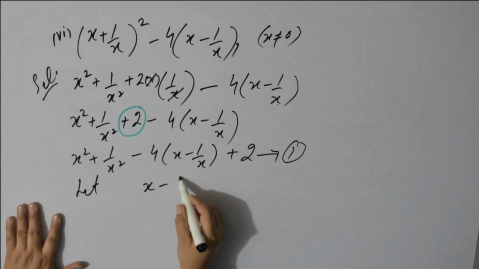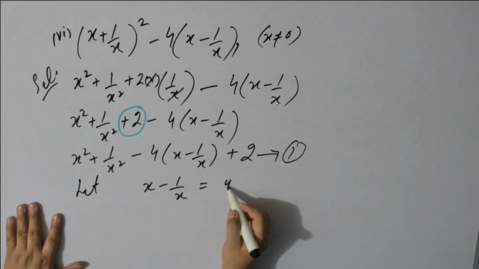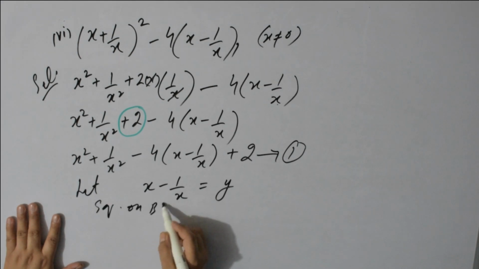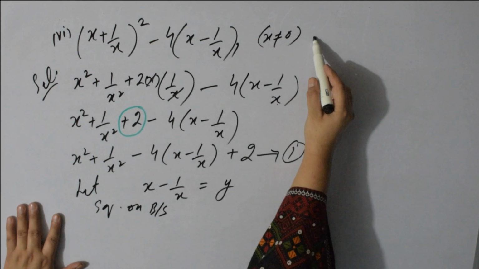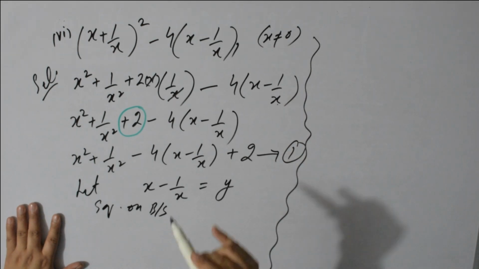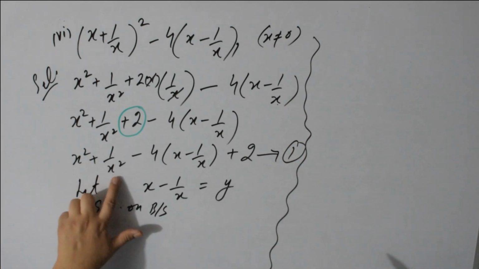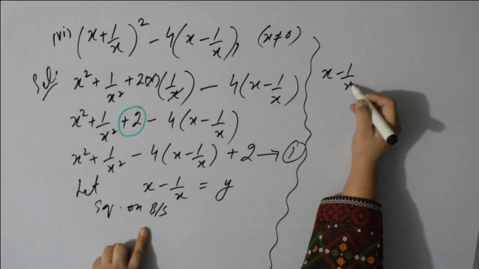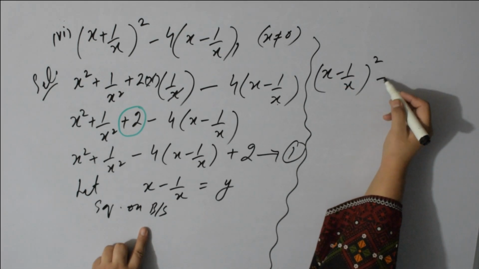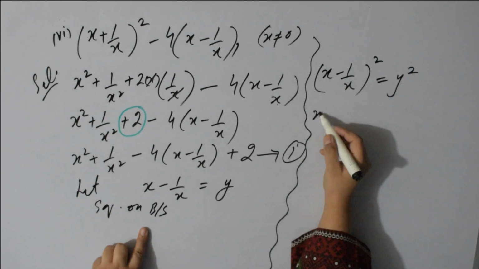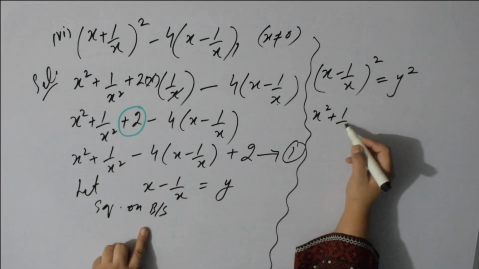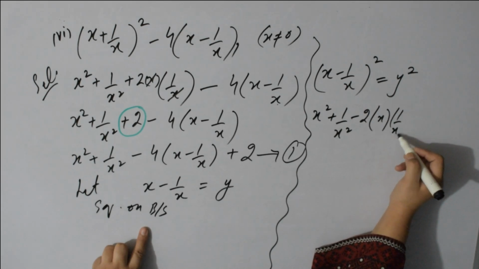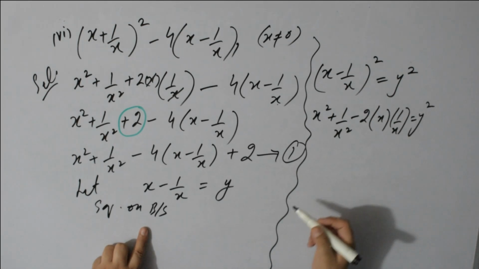So let x minus 1 by x is equals to y, squaring on both sides. Why do I go for squaring? Because students, you see square is present in my first term. The squaring on both sides, open formula a square plus b square minus 2a into b is equals to y square.